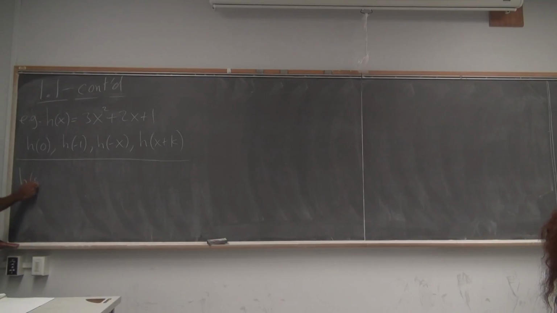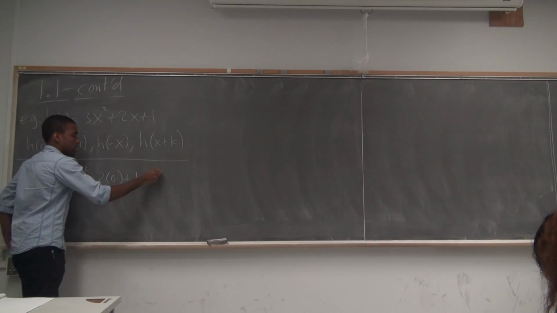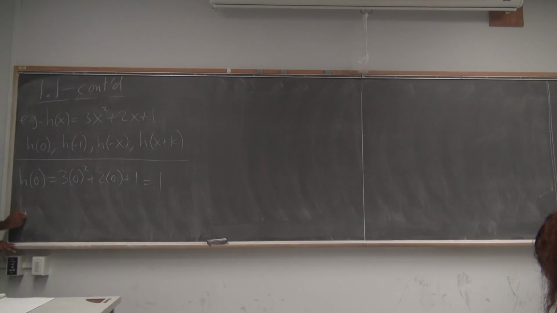So for this, h of 0 is 1. Everywhere you see an x, you're going to put a 0. That gives you 1. Similarly, h of minus 1, everywhere you see the x, you're going to put a minus 1.